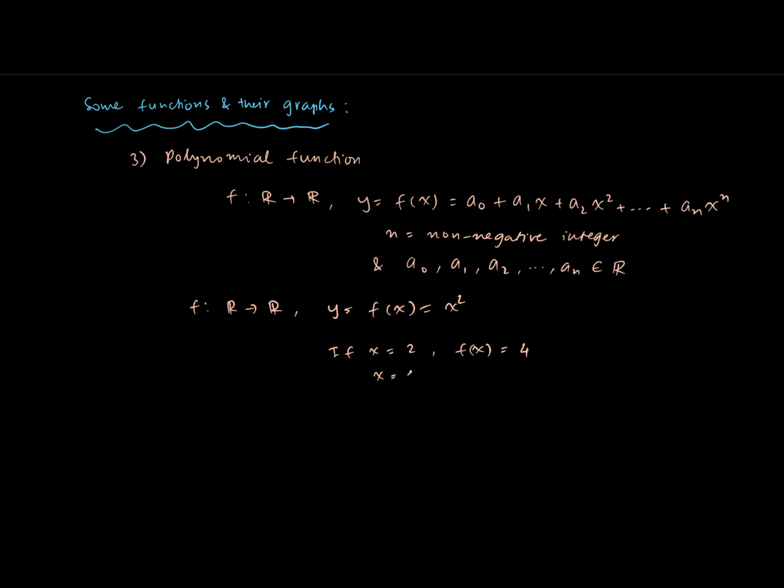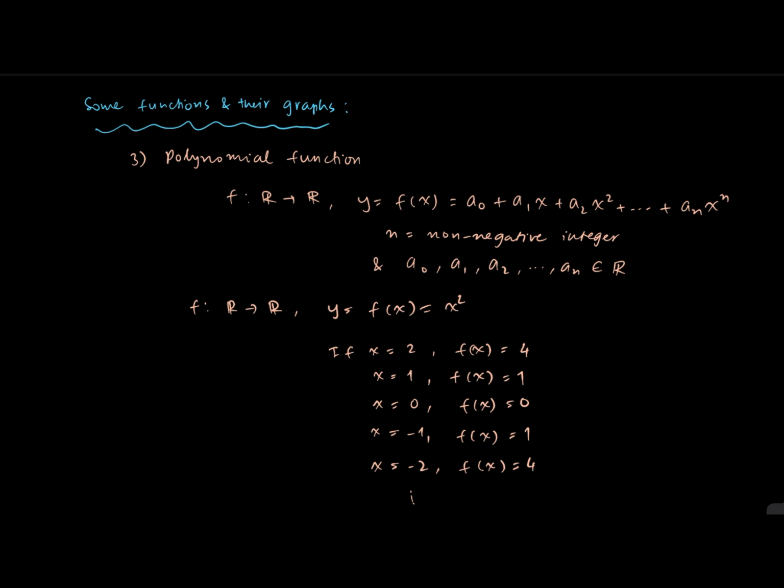Similarly, if x is equal to 1, we'll be having f of x equal to 1. If x is equal to 0, we'll be having f of x equal to 0. If x is equal to negative 1, we'll be having f of x equal to 1. Similarly, if x is equal to negative 2, we'll be having f of x equal to 4 and so on.